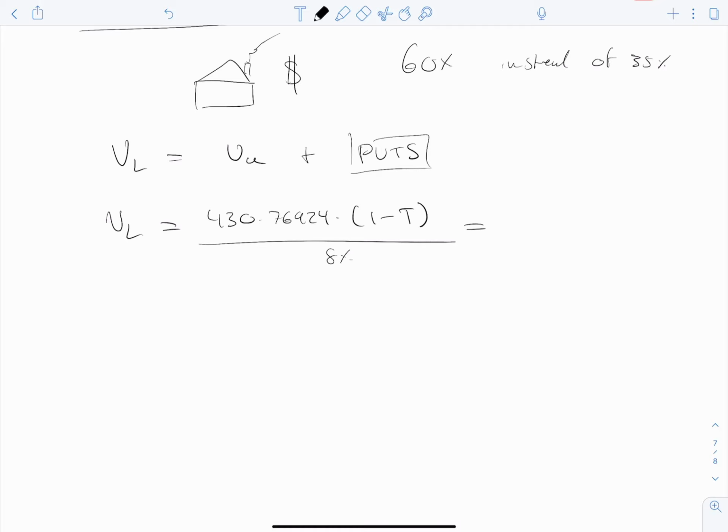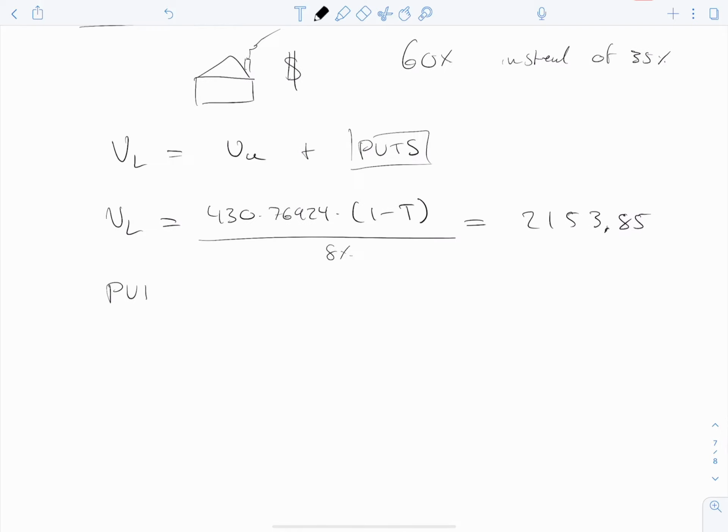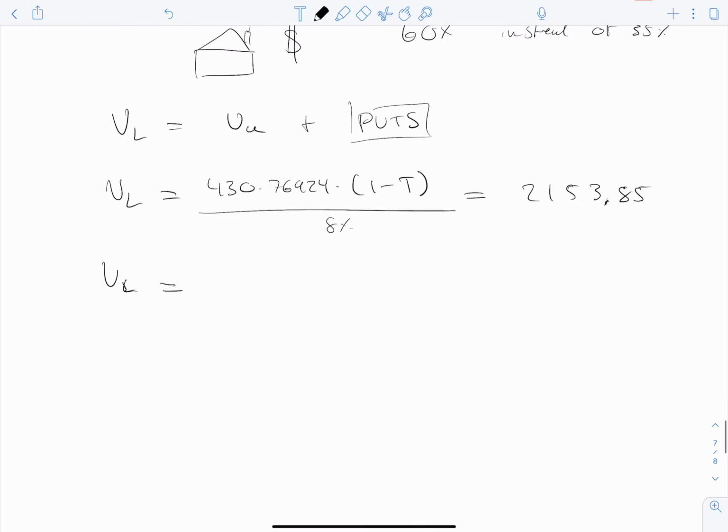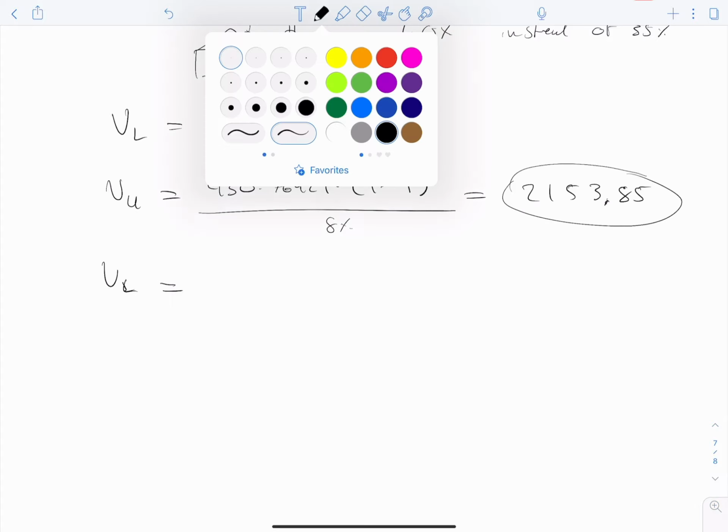So when you do this, you get this number. And then the present value of the tax shield, well, let's actually just do it in one step here. But then my value of the levered firm is this thing here. I can see I made a small typo. This is the value of the unlevered firm.